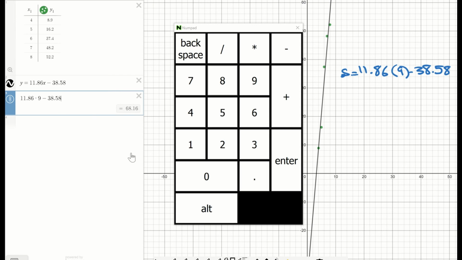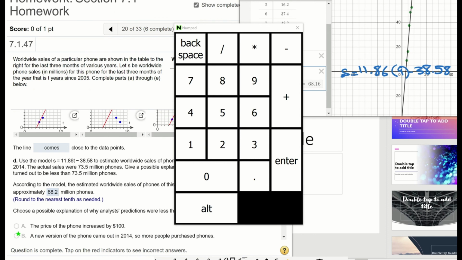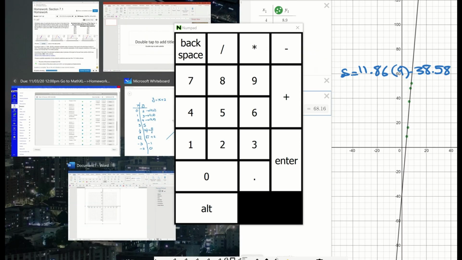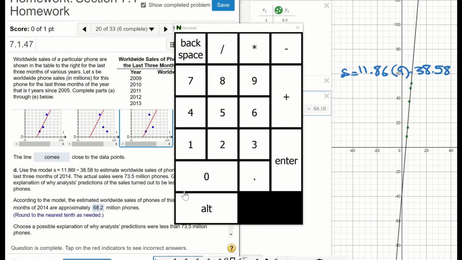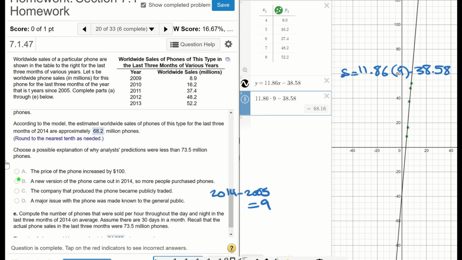So we get 68.16. And of course, when you round that to the nearest tenth, notice 68.16 to the nearest tenth will become 68.2. So that's where that comes from.